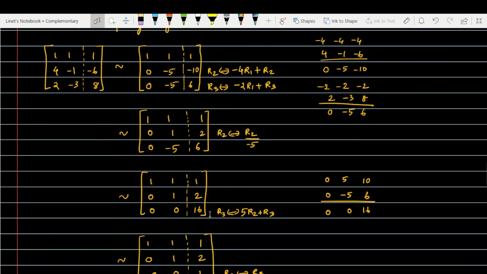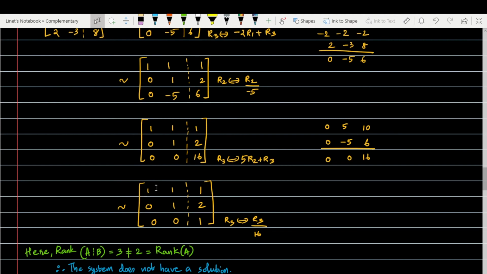So you are going to get this, and at the end, what you get is 1, 1, 1, 0, 1, 2, and 0, 0, 1 when you divide the third row by 16.